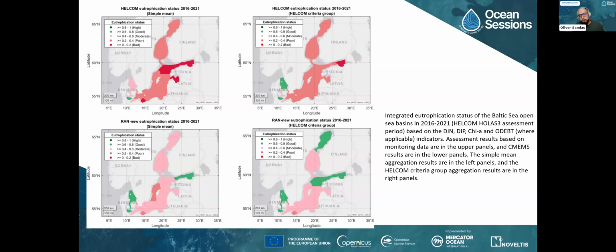The comparison of the two applied aggregation methods showed that if the HELCOM aggregation method was applied, the eutrophication status assessment actually improved in multiple basins. As you can see, compared to the simple mean with the model products, the central basins, the Eastern Gotland Basin, got better, as well as the Bothnian Bay on the top, and also the central parts.